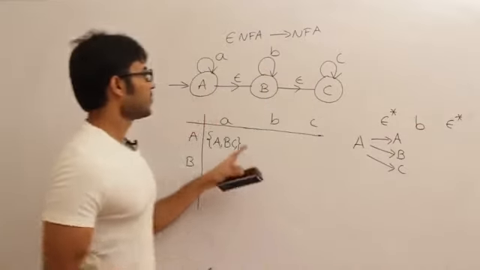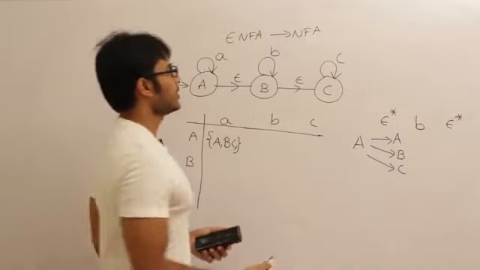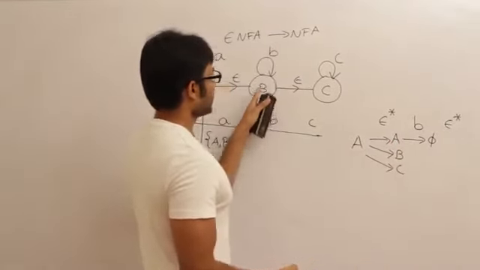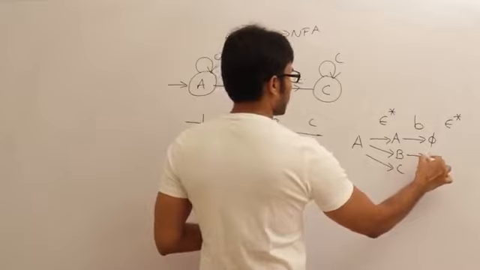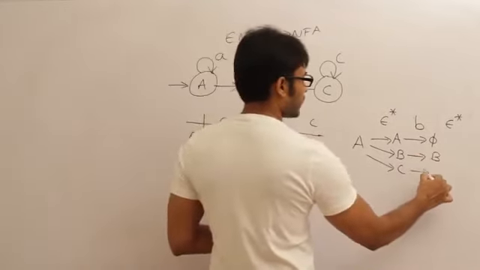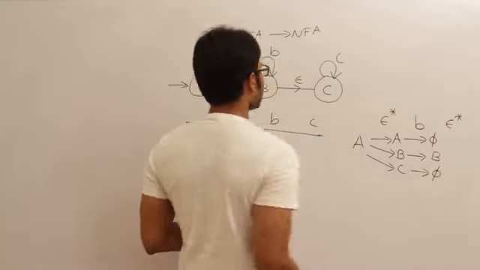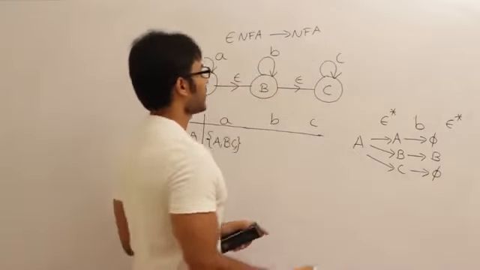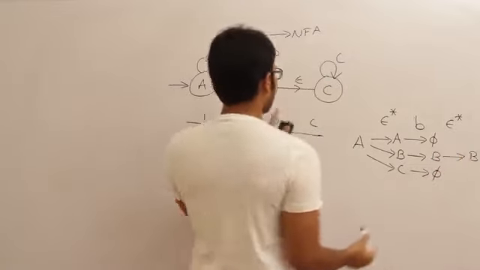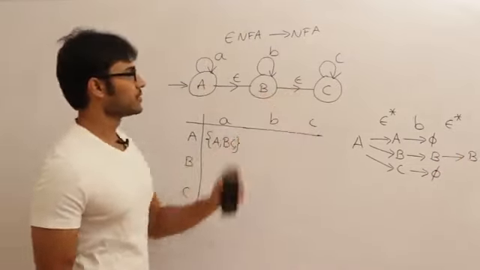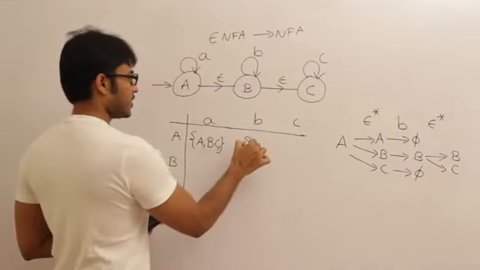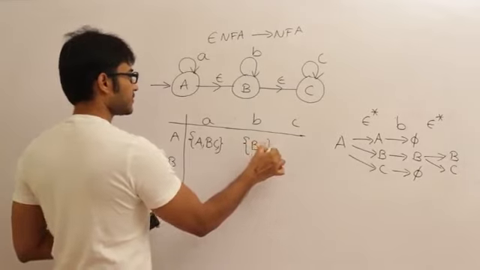Capital A on small b is going to phi, which means it is going to die, and capital B on small b is going to capital B itself, and capital C on small b is going to phi. What about epsilon star? Capital B on epsilon closure is going to B, and one more thing is capital B on epsilon is going to C. Therefore here I am going to write it as B comma C.